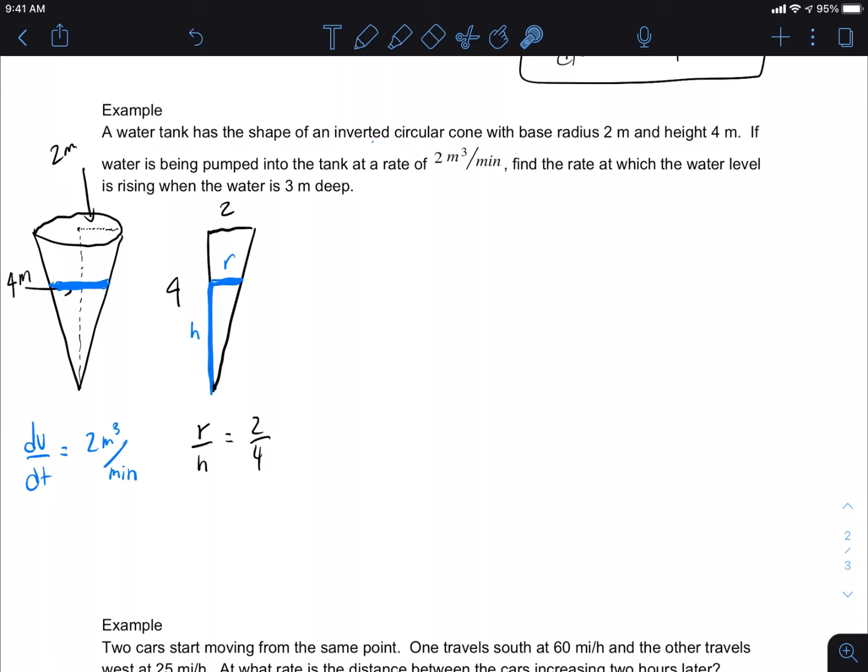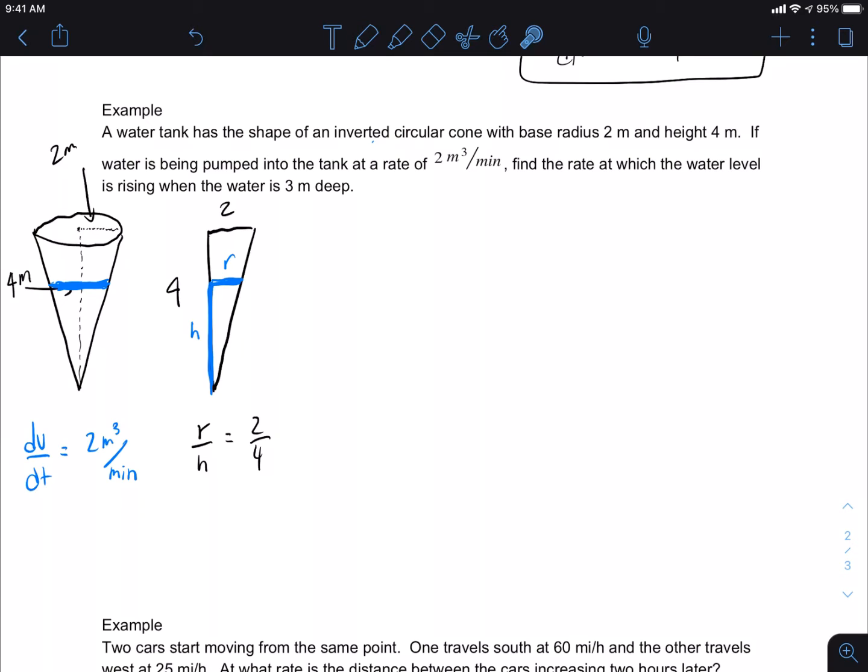The problem is asking us, find the rate at which the water level is rising. If the water level is rising, are we talking about a radius or a height? Height. We're talking about a height. So we want to substitute out r when we go to solve our equation.